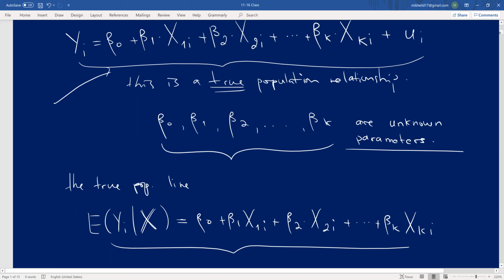But what is the key assumption that we make here? Can you guys tell me? To go from this population relationship to the true population line, we have to make an assumption. What is it?